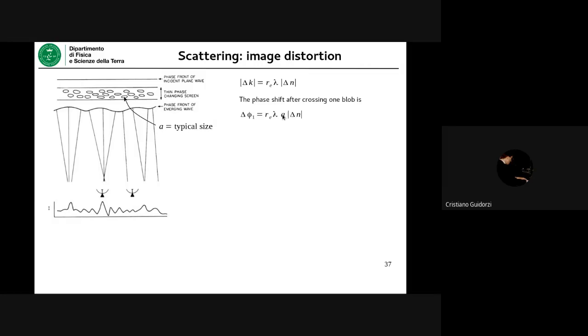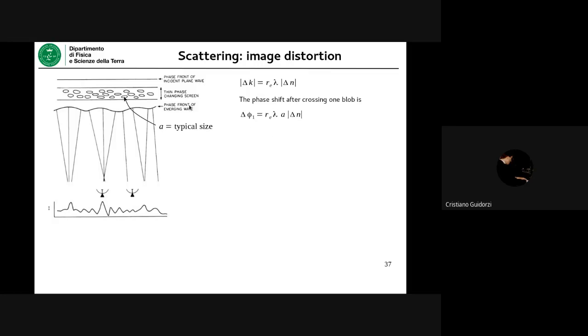The length traveled here is a. They are just crossing the same blob. So delta phi 1, where delta phi 1 means the phase shift due to the crossing of one single blob, is just delta k times the traveled length, a. So this times a is this expression here.